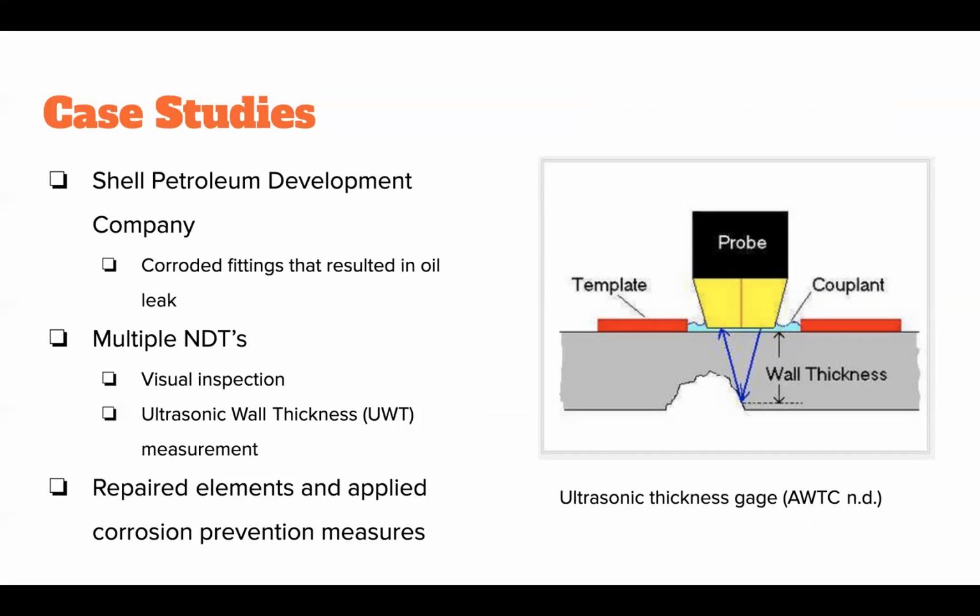Therefore, visual inspection and ultrasonic wall thickness measurements were then taken, detecting a reduction in wall thickness due to corrosion caused by the surrounding environment condition. The solution was to repair the elements and apply corrosion prevention measures.